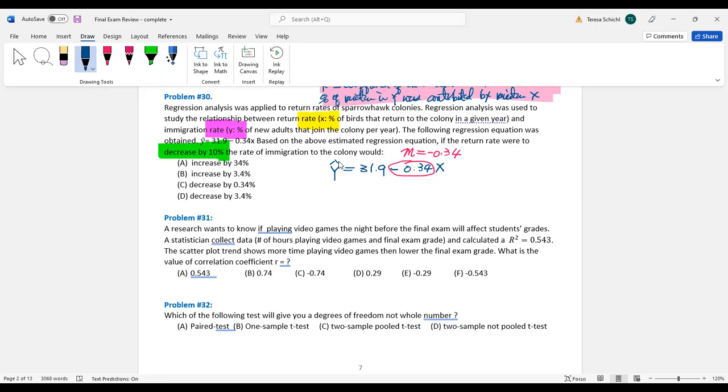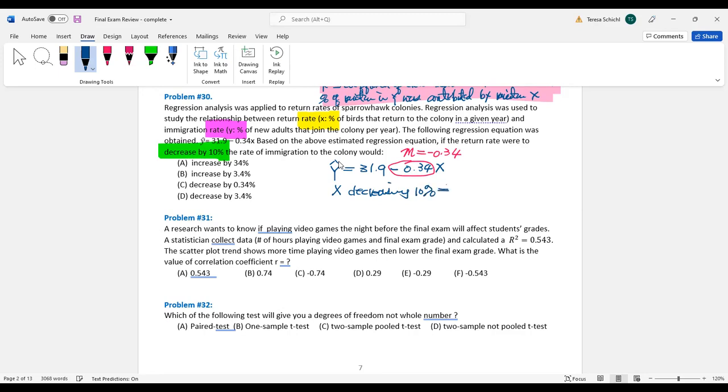See here. We said for regression, the slope means when x increases 1 unit, then y is going to increase or decrease depending on whether the slope is negative or positive. But now the x is decreasing by 10%.